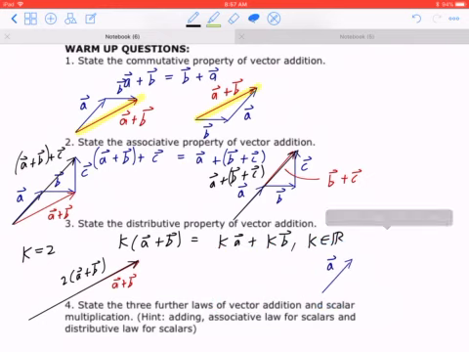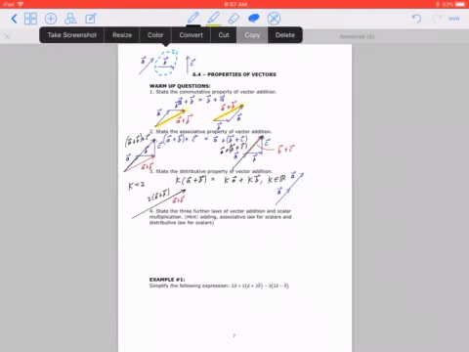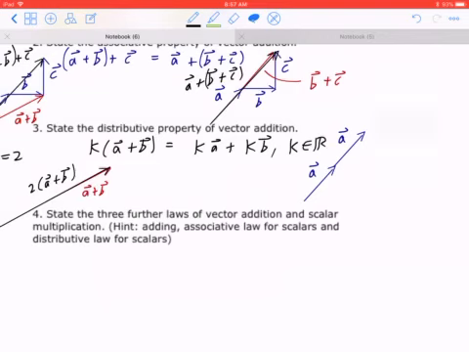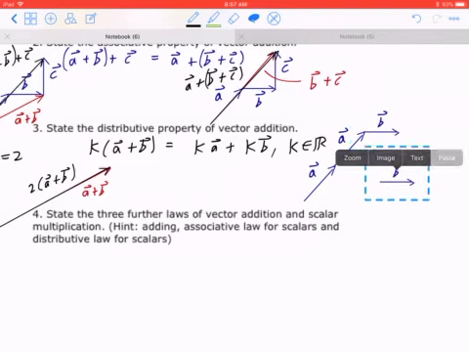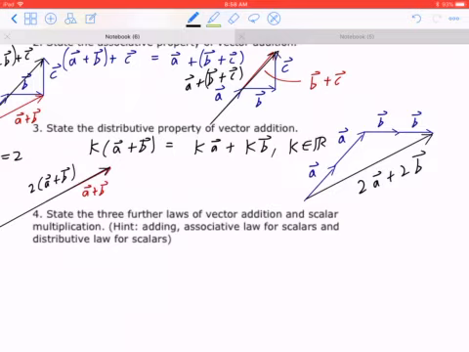I have 2 of these, plus 2b. So again, there's b, and another vector b. And again, as expected, the resultant vector, which is going to be 2a plus 2b, is the same as the left-hand side.